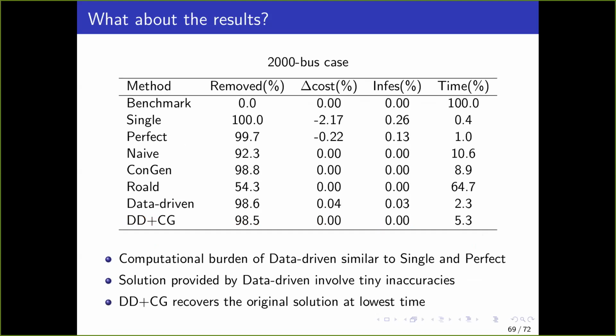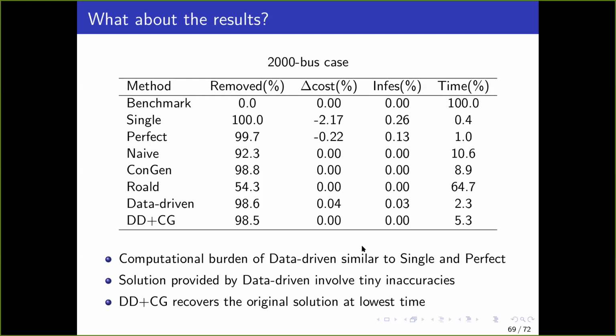And finally, comparing the computational times with small systems is sometimes a little bit tricky. So we decided to also do a large, more realistic size system. And these are the results.